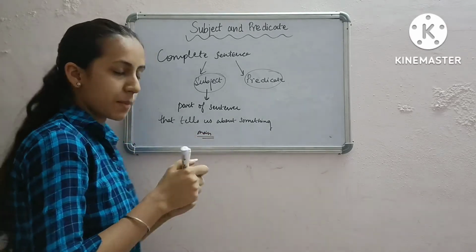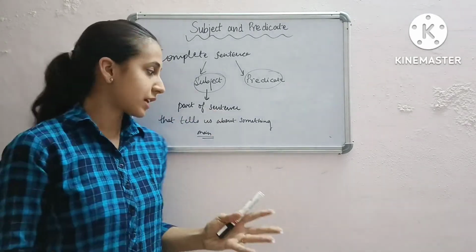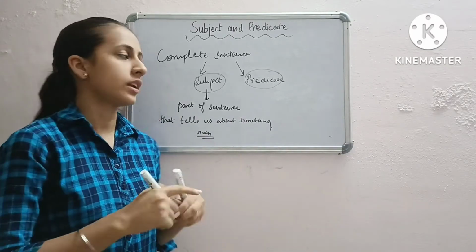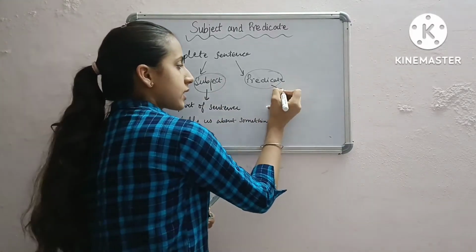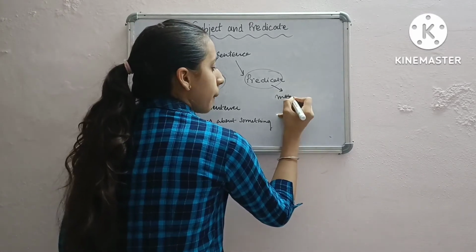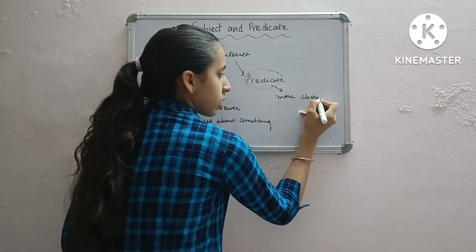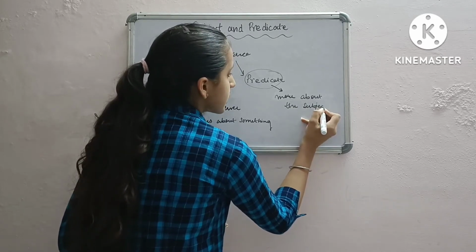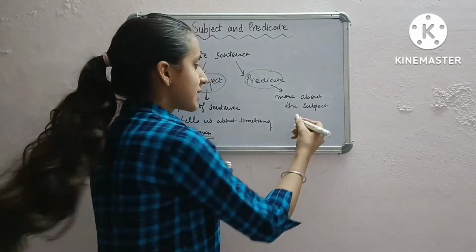It tells us about the main part, something or someone in the sentence. Whereas the predicate is the part of the sentence that tells us more about the subject, or you can say it tells us more about the sentence.